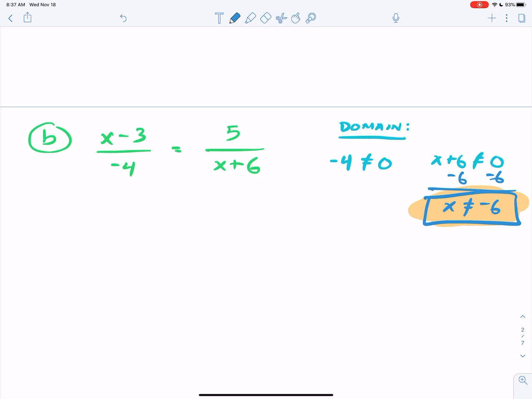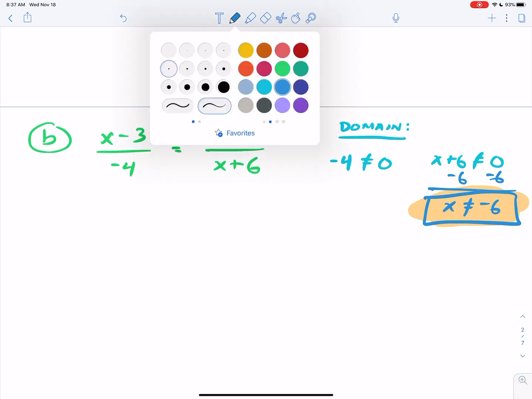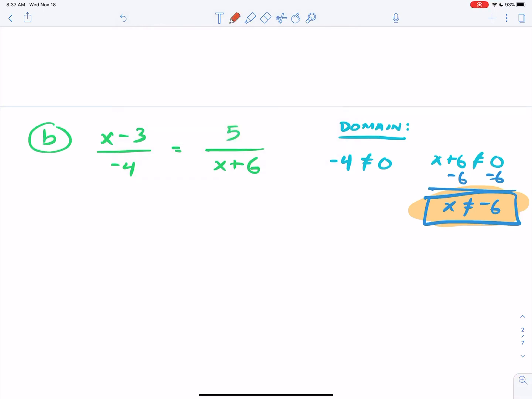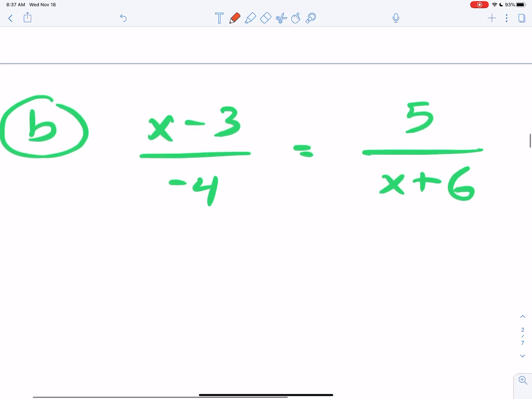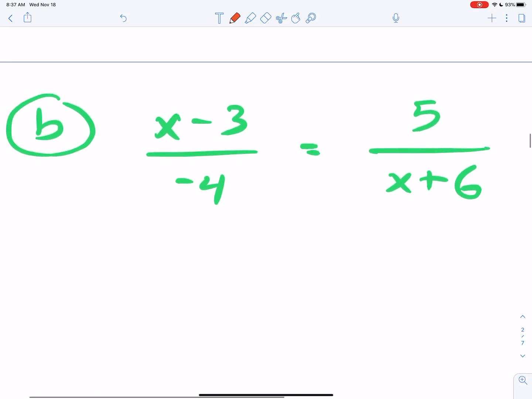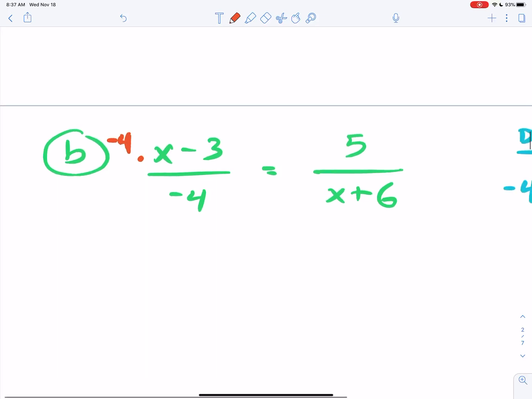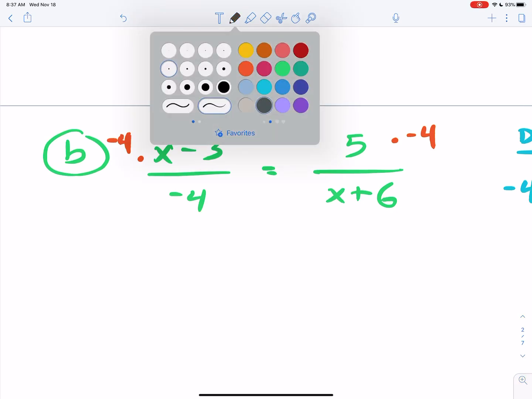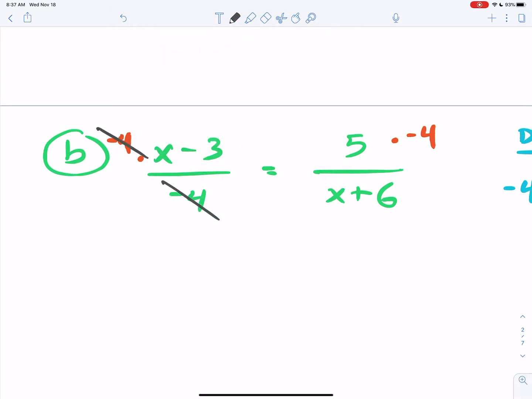All right, so our second step, get rid of your fractions. If you don't like it, get rid of it. So if I want to get rid of my denominator -4, I'm going to multiply by -4. But what I do to one side, I have to do to the other. Okay? That gets rid of this, but it doesn't get rid of this yet.